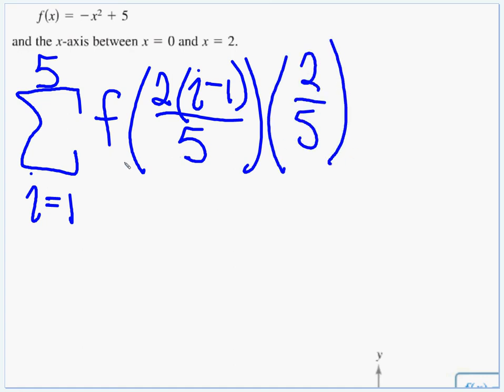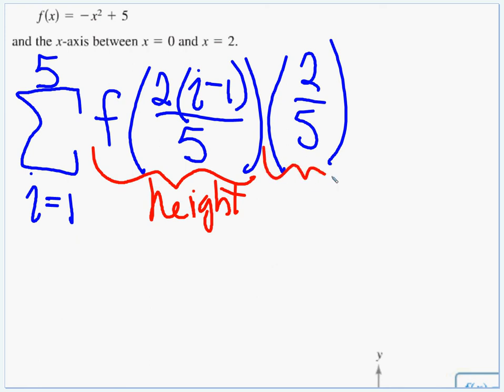Remember, f of our function is the height of the rectangle, because we're going to go up until we hit the curve, so the function determines the height. The base is a constant. All our rectangles' bases are 2/5.